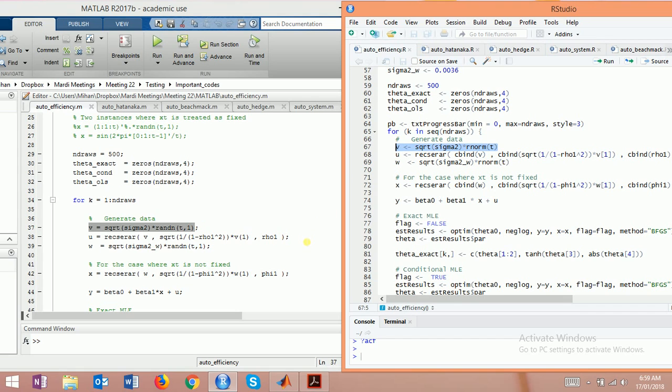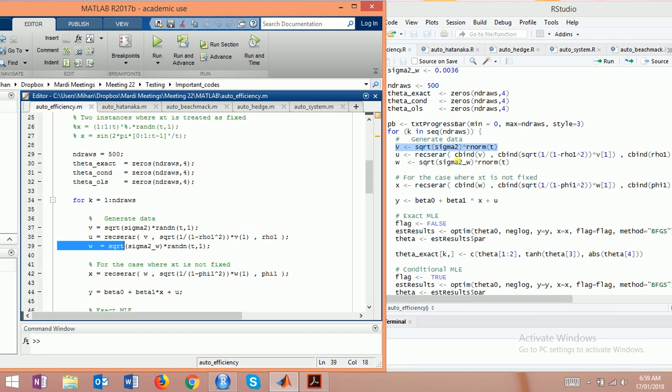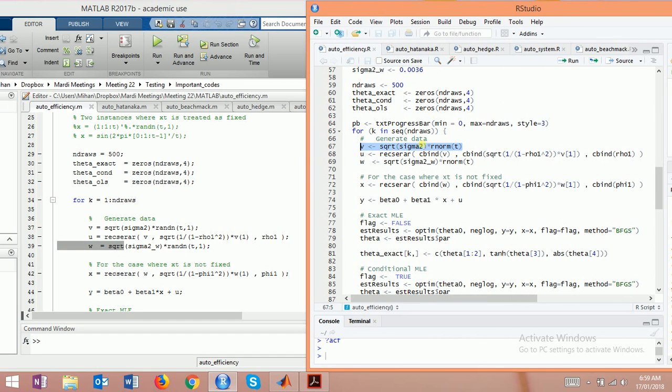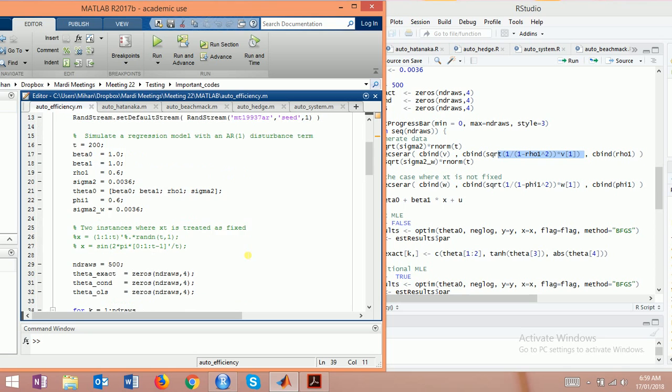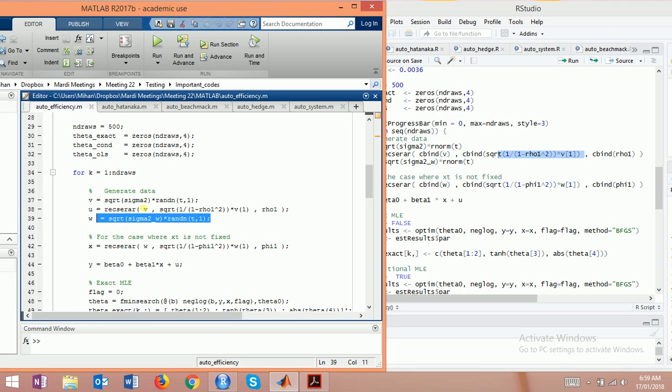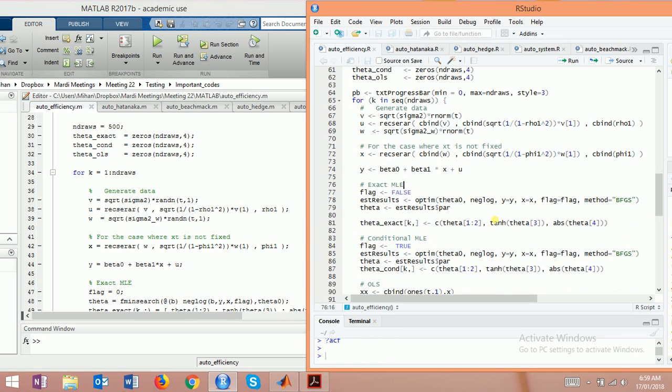Then the rexrr, just like before, rexrr c bind, column bind v, column bind x y naught and row. Then w, square root of sigma square into random number of t, square w. So beautiful, we are generating this data for the case when x is not fixed, rexrr w instead of v now.